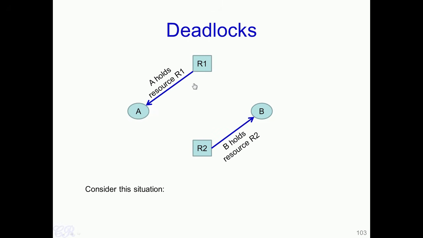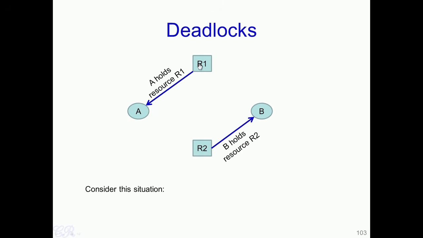These resources could be anything in the system which has a limited quantity. For example, a resource could be something as small as a file stored on the disk, or it could be a printer which is used to print, or a plotter, a scanner, and so on. Essentially, the arrow from R1 to A indicates that A is currently holding the resource.